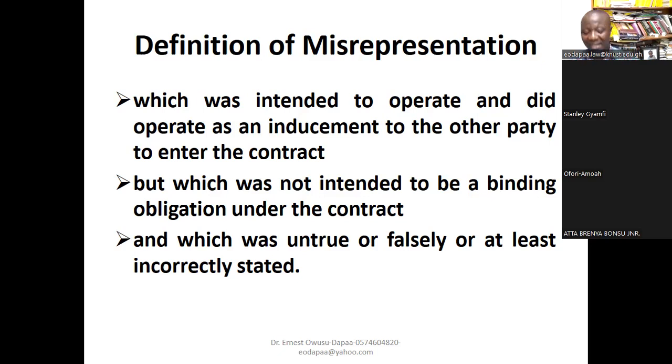But it is not every statement which induces a person to enter into the contract that will be considered misrepresentation. The statement must have been a false statement. If it's not false, then it doesn't give rise to misrepresentation, because truth is truth.